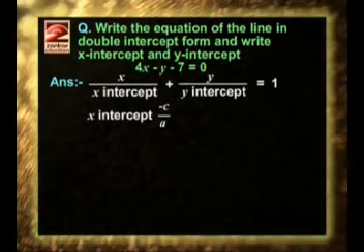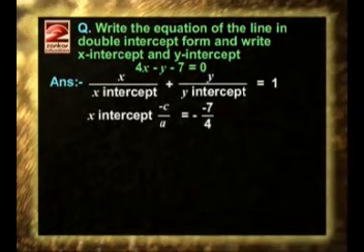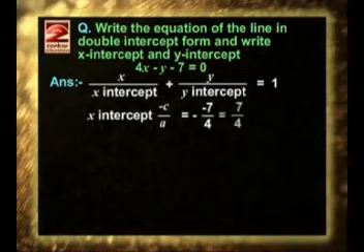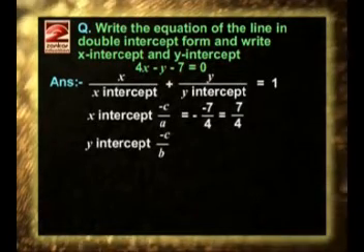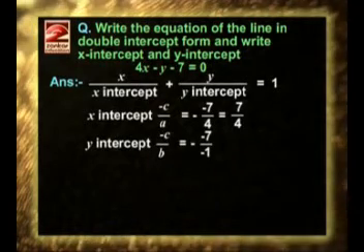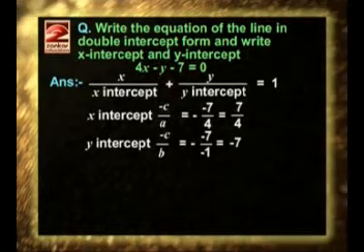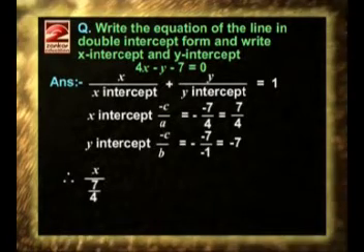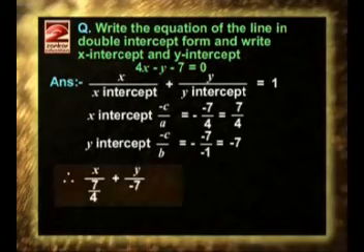So x-intercept means minus c upon a, that is minus of minus 7 upon 4, that is equal to 7 upon 4. And y-intercept means minus c upon b, that is equal to minus of minus 7 upon minus 1, that is equal to minus 7. And therefore x upon (7 upon 4) plus y upon minus 7 is equal to 1.